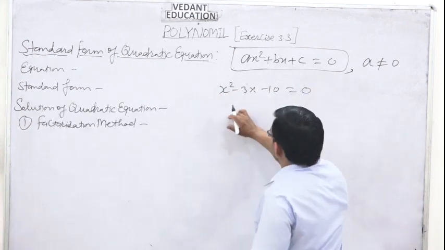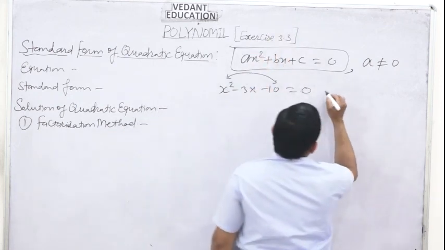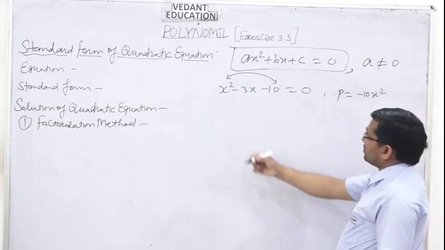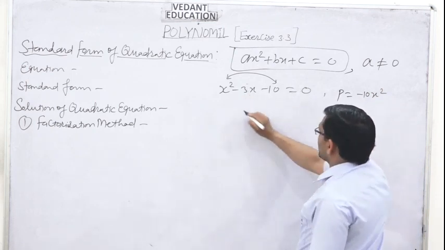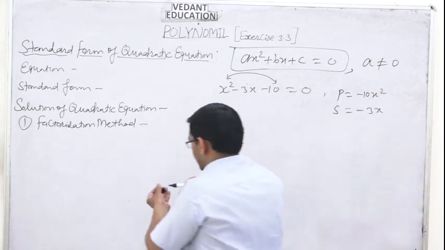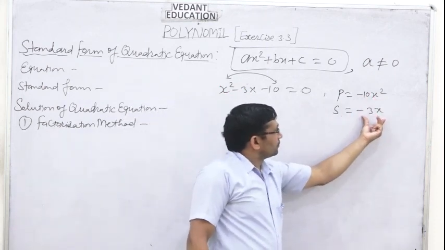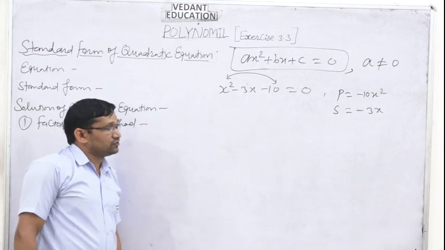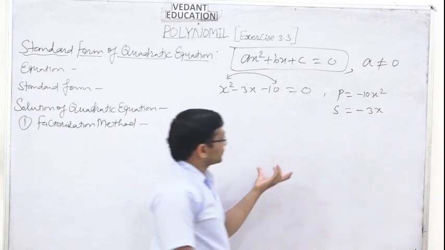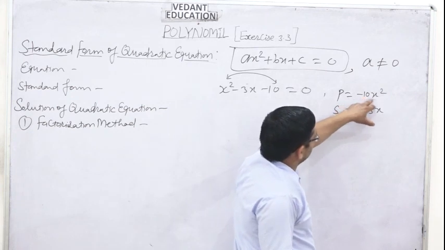So for factorization method, first we find out product of first and third term. So here P is equal to minus 10x square, and S, the sum, is the middle term, minus 3x. It means we divide minus 3x into two parts, whose sum is minus 3x and product is minus 10x square.